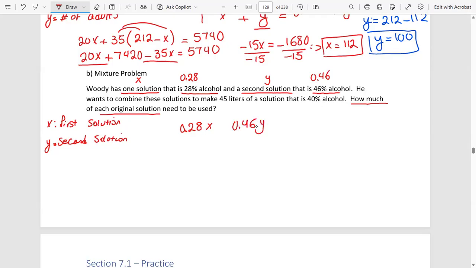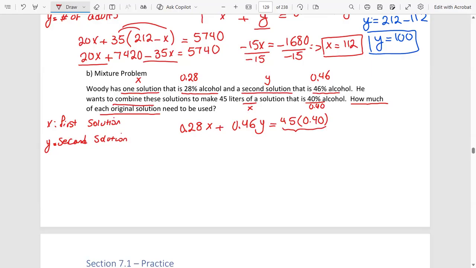So the first solution, the second solution, and he wants to combine them, that means add them together to make 45 liters of a solution with 40% alcohol. That means 45 liters of means always multiplication. 40% means 0.40.